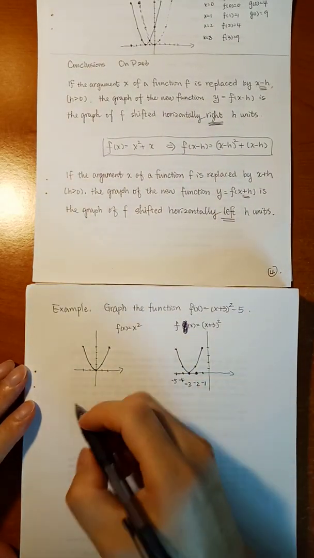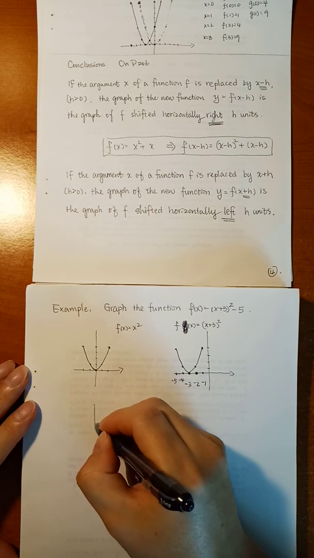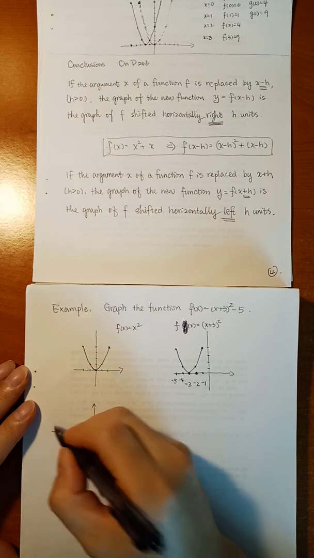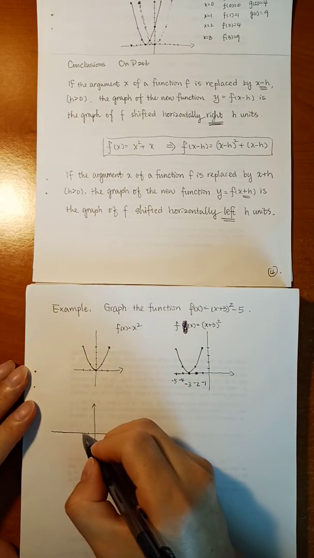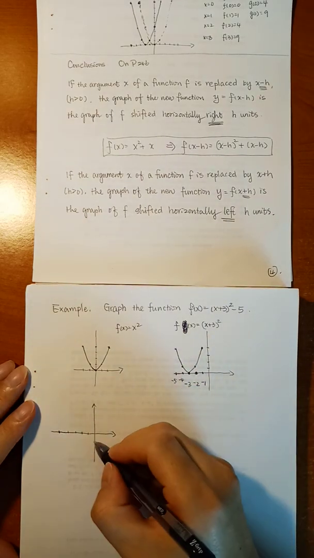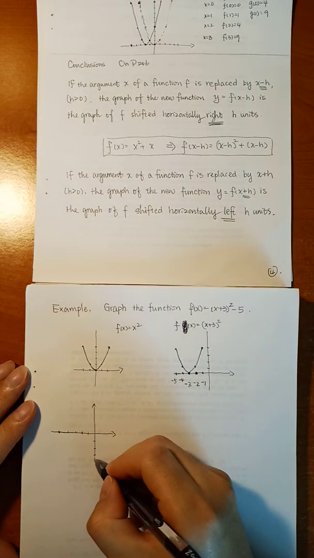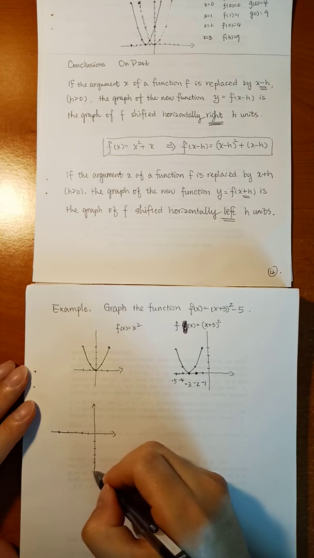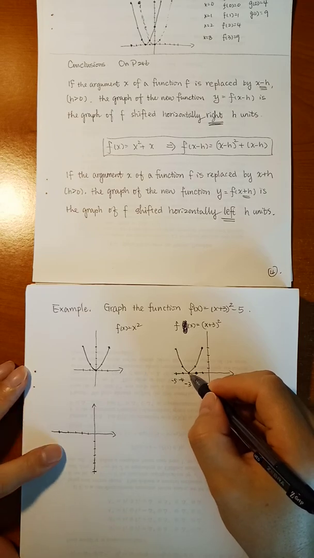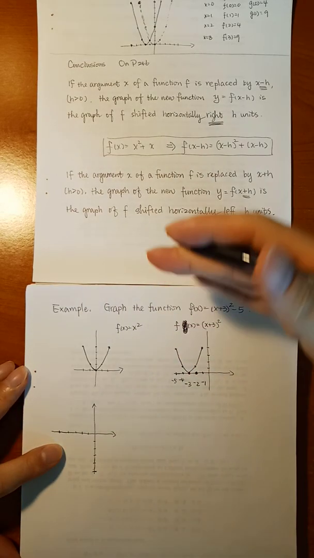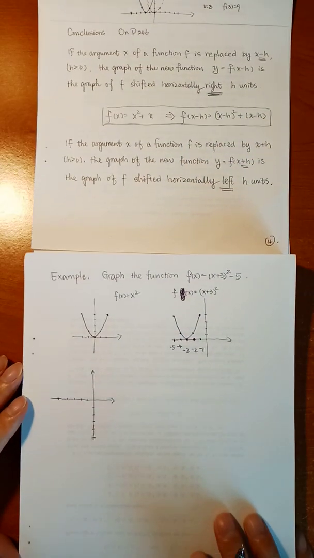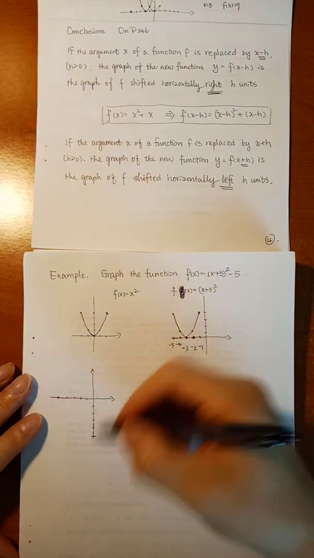And then subtract 5. When you get 0, here is 0. You subtract 5 means you shift the graph vertically down 5 units. You have 0, you shift it 5 units down.